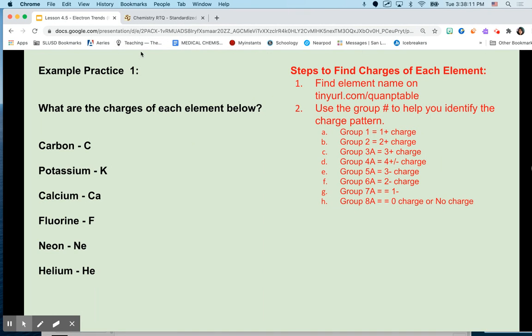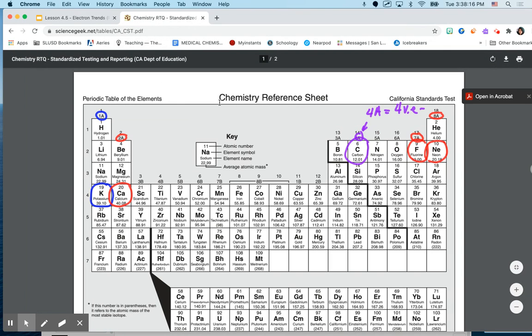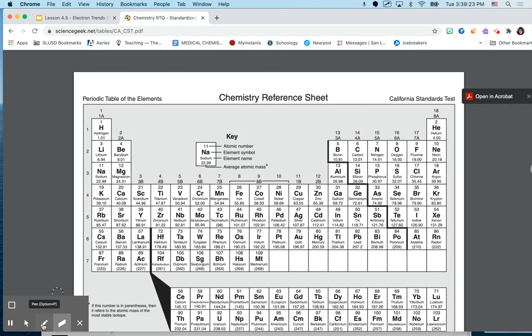Something that I would recommend, if you can, is to go ahead and print this out for yourself. When you print this out, what I used to do when this was all new to me, I would add the numbers 1 plus, 2 plus, 3 plus, 4 plus or minus, 3 minus, 2 minus, 1 minus, and 0 on top.